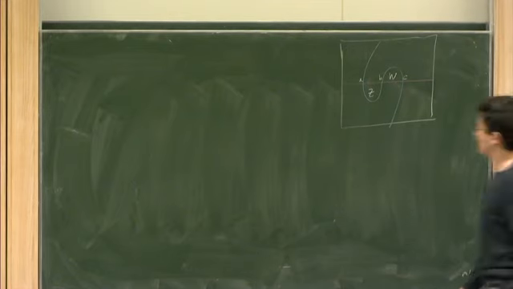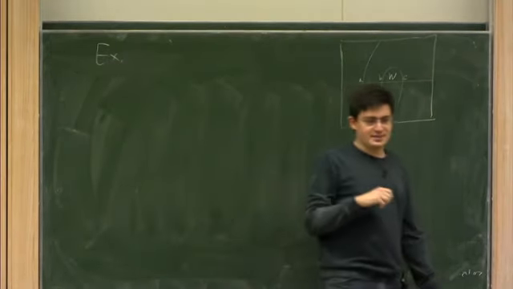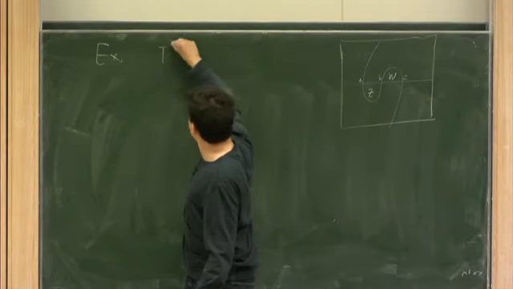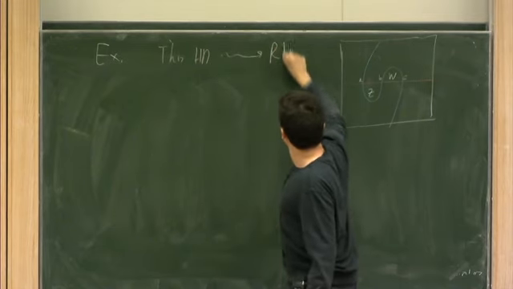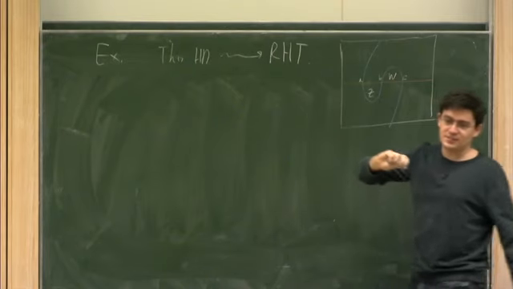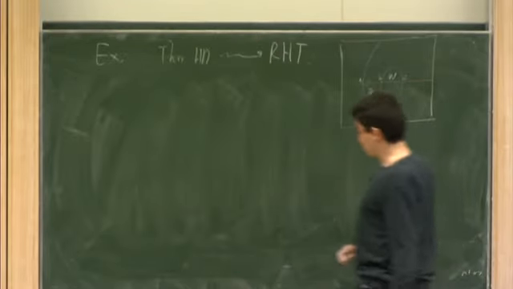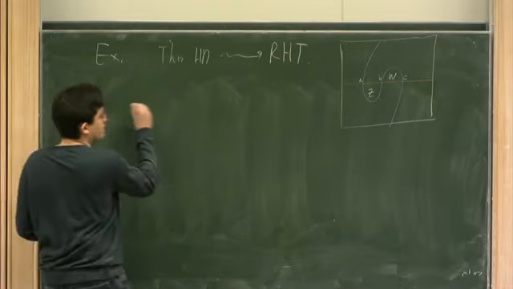So the first exercise is that this Heegaard diagram presents the right-handed trefoil. This is going to be a nice little exercise in drawing Heegaard diagrams and thinking about the recipe that I spelled out here. Now let's see if we can figure out what the Alexander gradings of the generators are.